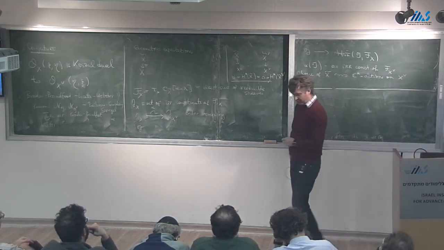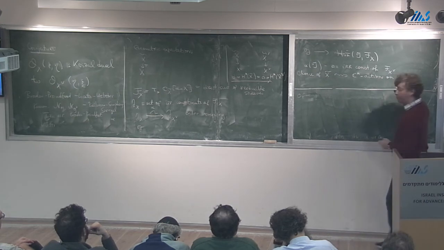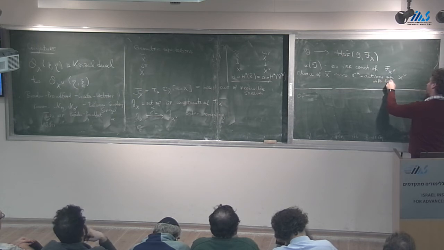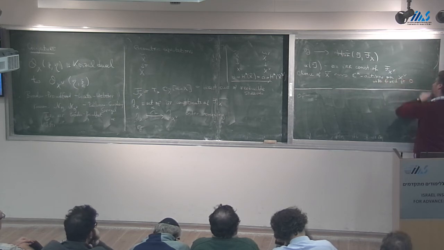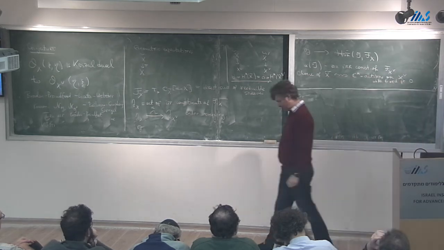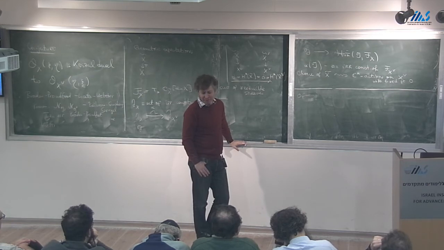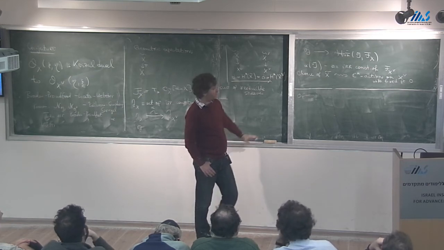Given a C-star action, and moreover, it's a C-star action which has a unique fixed point, 0, in this case you can consider something which is called the hyperbolic stalk of this sheaf at this point.